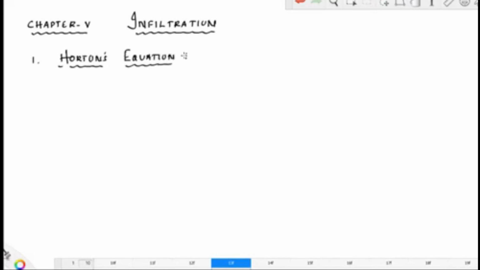So Horton's equation is what? f of t is equal to fc plus (f naught minus fc) e to the power minus kt.